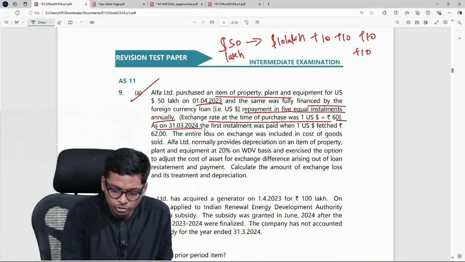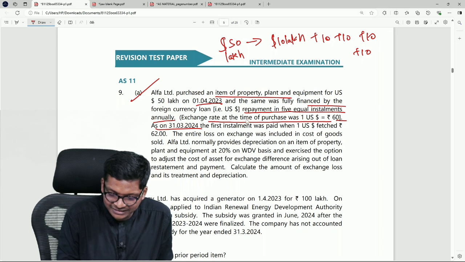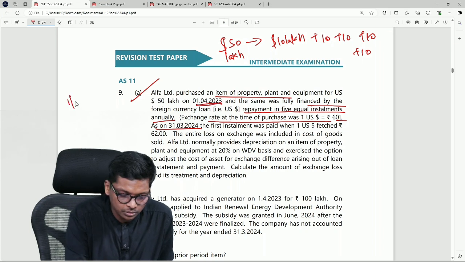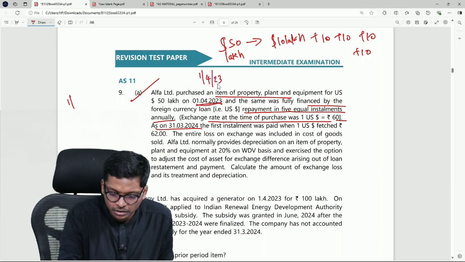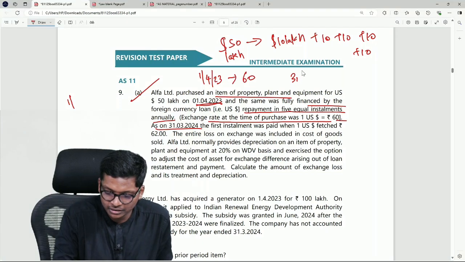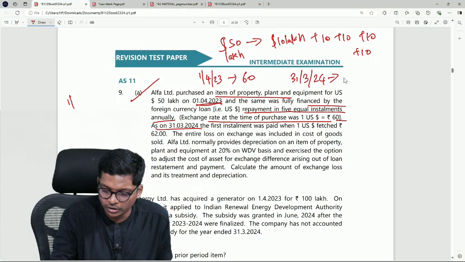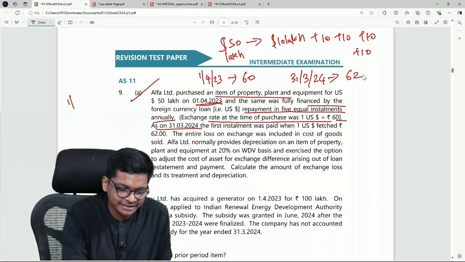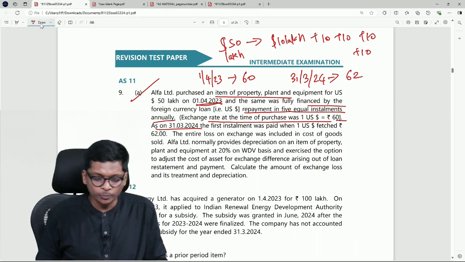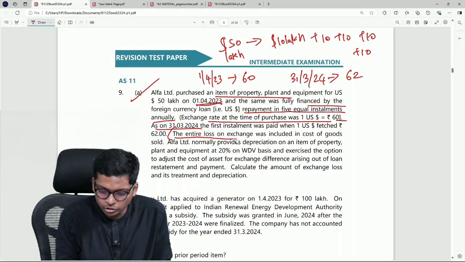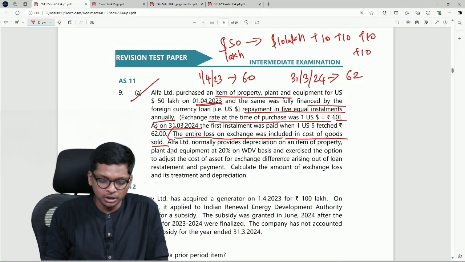After 1 year, so look at this. On 1st April 2023, it was 60. On 31st March 2024, it became 62. It increased by 2 rupees. The entire loss on forex was included in the cost of goods sold.